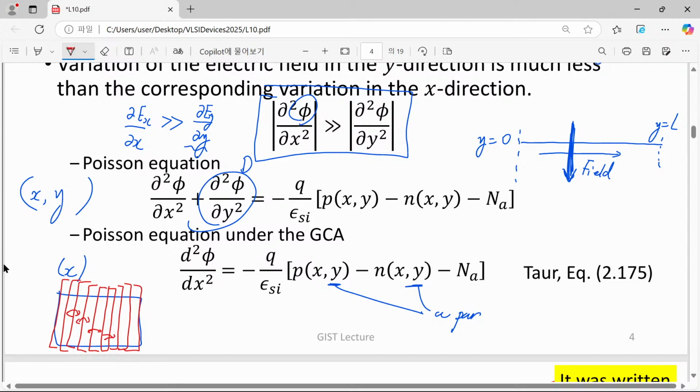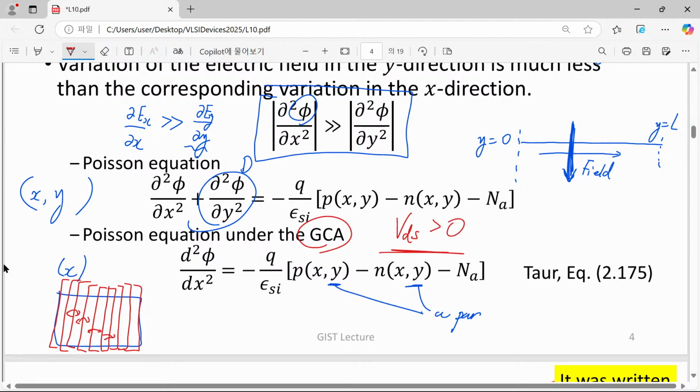Okay. Then the natural question is, that is your argument, but can we really satisfy this assumption? Fortunately, in many cases, that is really true. So we can use this gradual channel approximation in many cases. A breakdown or failure of the gradual channel approximation occurs when we apply too high a drain voltage.